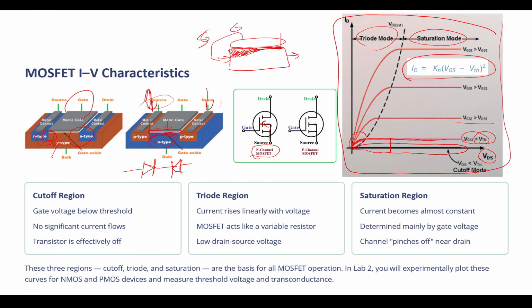Now, one thing I want you to pay attention to, and it's mostly a practical matter. We normally don't use a MOSFET in triode. We want to use it in saturation because we normally use MOSFETs as switches. We want an on and off situation. In triode mode, the curve is dependent on the VDS.